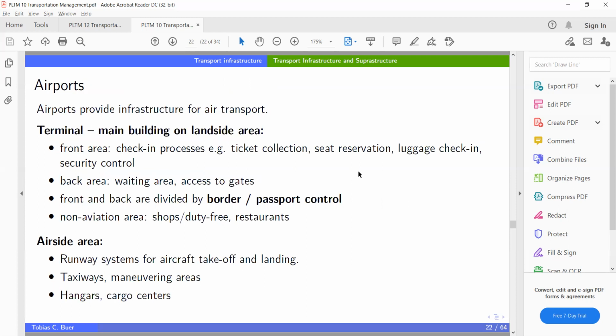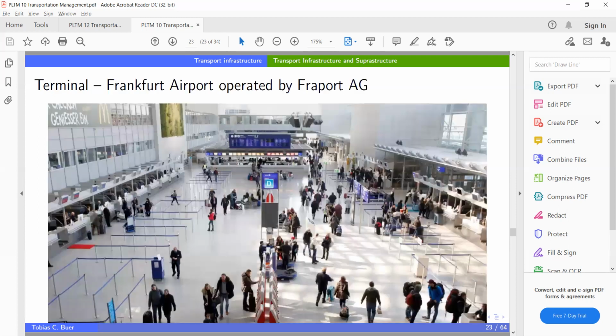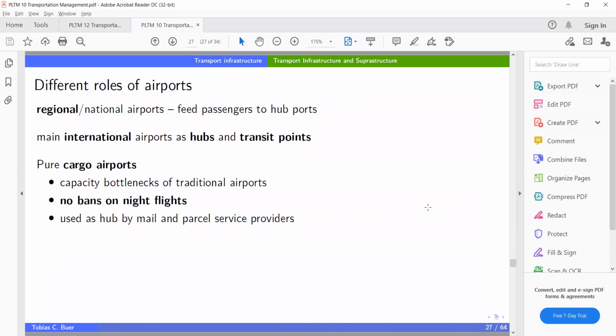Again, this information is even more detailed in the textbook, and you see here some examples of airports and airport operations. And we have different roles of airports: regional airports, international airports, cargo airports.